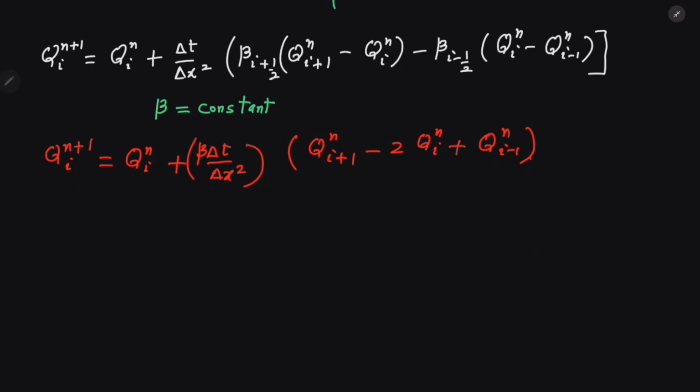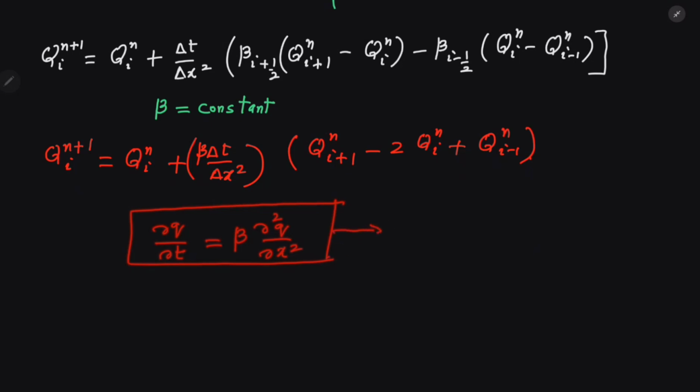So this is our formula for the diffusion equation. And remember that our diffusion equation was partial q by partial t is equal to beta, if beta is constant, partial square q by partial x square. You have probably seen the similar thing for the heat equation, beta partial square T by partial x square, and at that time we had alpha over there.